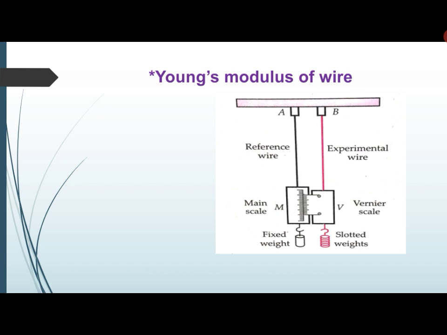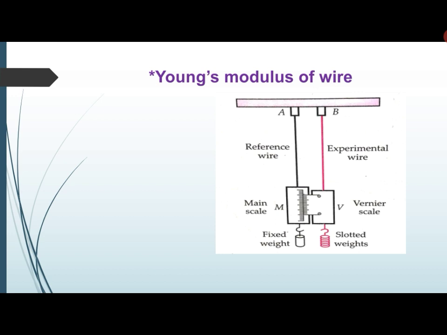This half kg weight elongates the wire a little, and the difference between the previous and the current vernier scale readings will give the extension produced due to the addition of half kg weight.